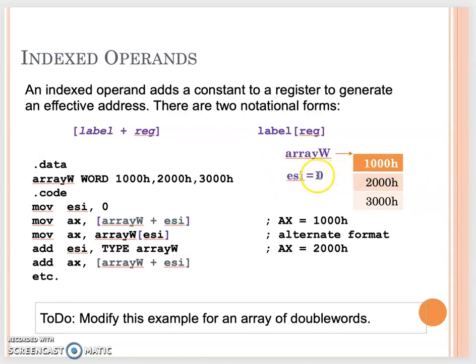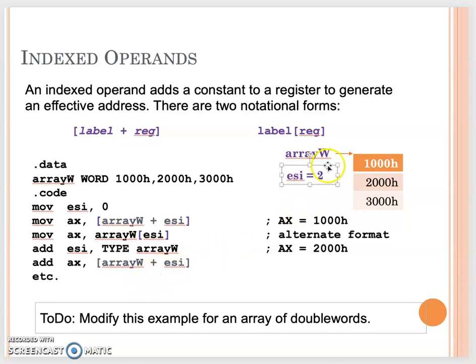That is different: in assembly language, index addressing means the offset, the difference after your data label. So here the next value is not 1. The next value is 2, because here each element is 2 bytes. Your 1000H is 2 bytes, so we add 2 bytes, and now the next ESI becomes 2.